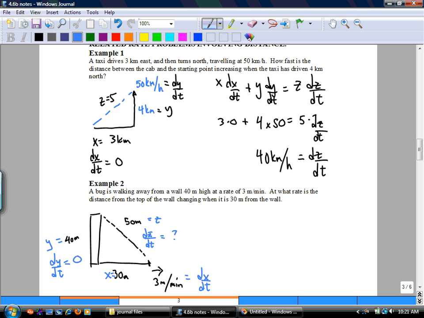Use the derivative form of Pythagoras. x dx dt plus y dy dt equals z dz dt.